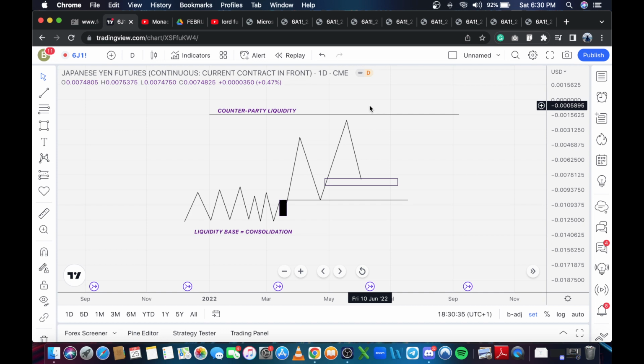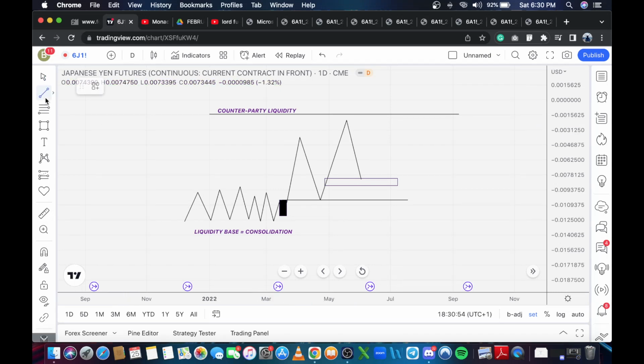So if we have an institution supported range here, before we can shift to a bearish delivery profile, there has to be a point that this accumulation here, a discount, can be distributed against.